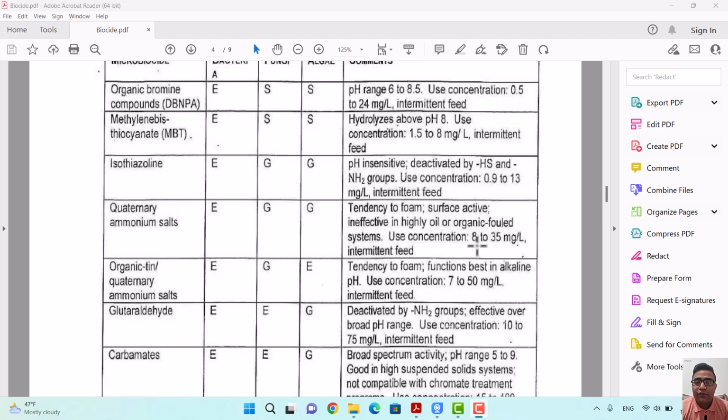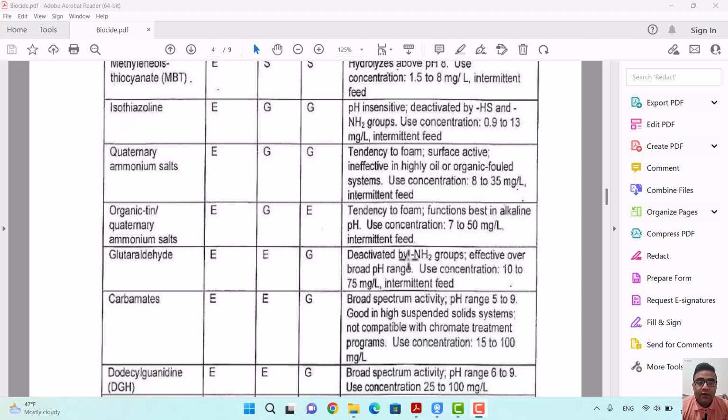Use concentration 8 to 35 ppm intermittent feed. Then we have glutaraldehyde, deactivated by NH2 groups, effective over broad pH range. Use concentration 10 to 75 ppm intermittent feed.